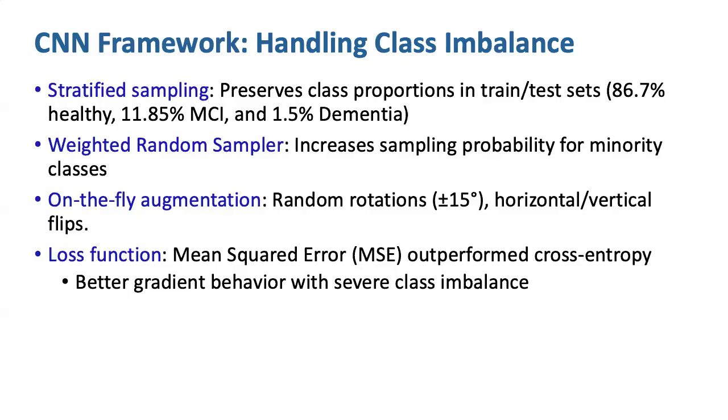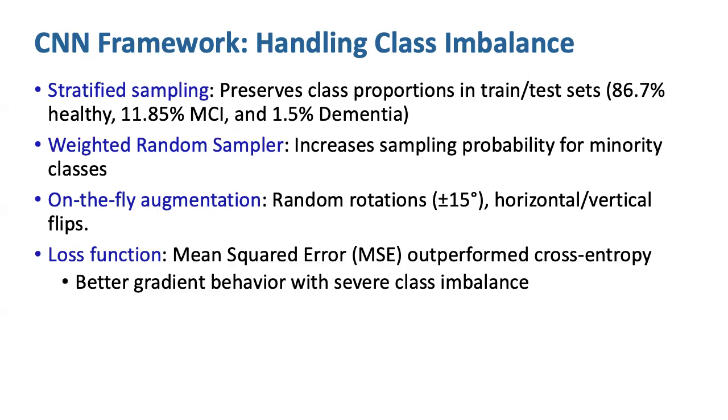For example, in this case, we use, I think, 33% probability for selecting each class so that we can sample our different classes equally to improve their prediction. And for on-the-fly augmentation, we use random rotation and horizontal and vertical flipping, so that even though there are some variations in the MRI slices, we can address that here.